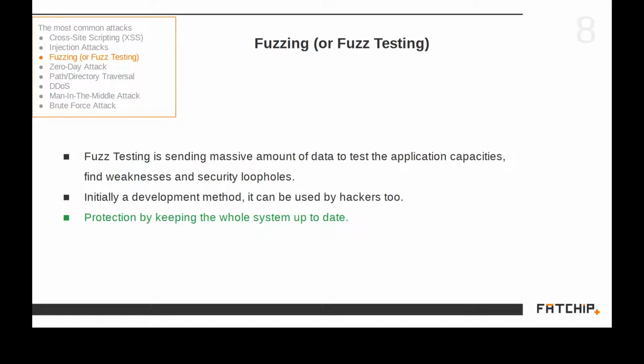So that's basically a security step that is normally used during the dev or the test phase. But of course, it's simple, so it can be used by hackers too, following exactly the same pattern, like crashing the website and trying to find the weakness themselves to exploit it later.